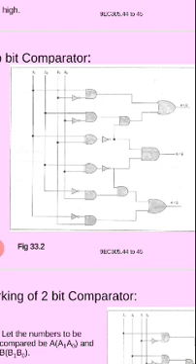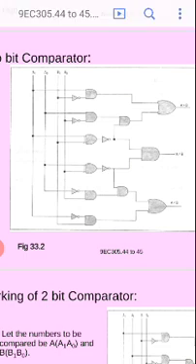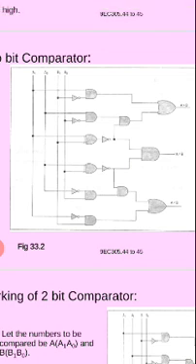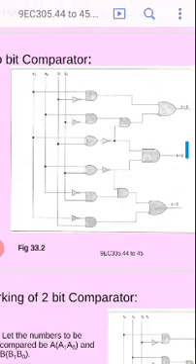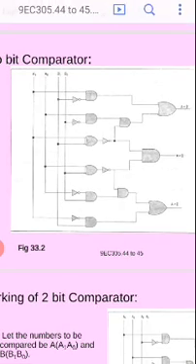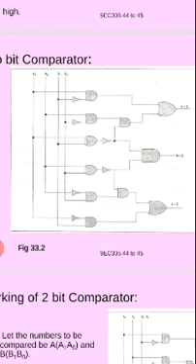For the next exclusive OR gate, A0, B0 bits are provided and at the output of the XOR gate, a NOT gate is given and its output is given to the AND gate, which is the A equal to B gate.